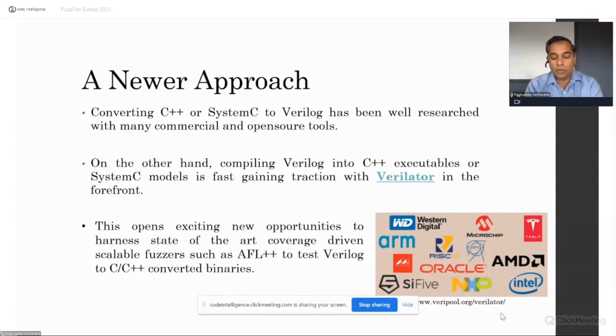This tool can be employed to convert Verilog into C++ executable code and binaries, for example, even SystemC as well. And the mere concept of working with C++ code and binaries opens up exciting opportunities to use AFL or some of the latest advances in fuzzing technology to fuzz these binaries and identify security issues.